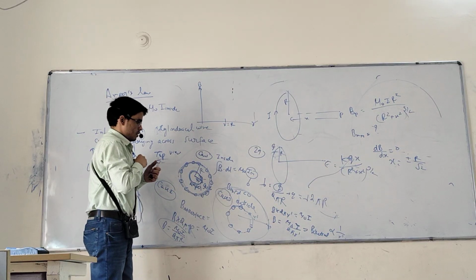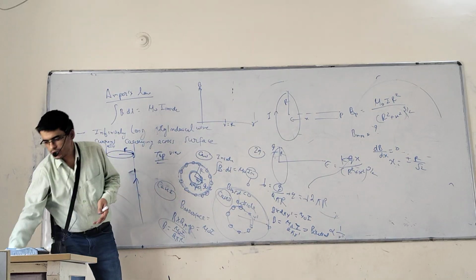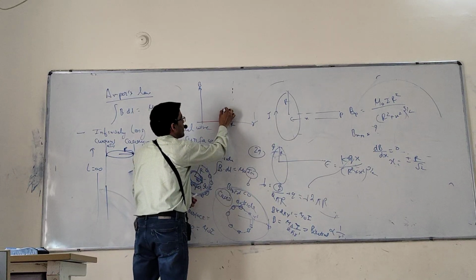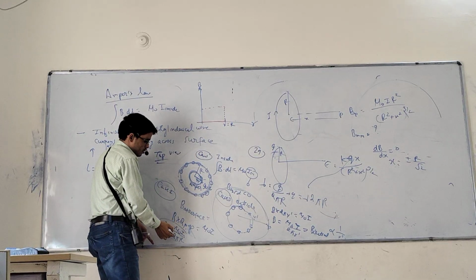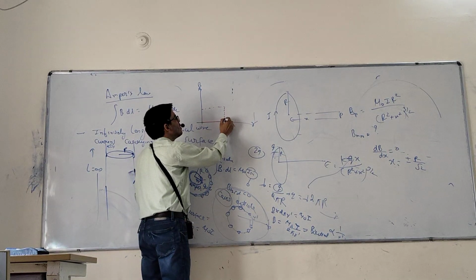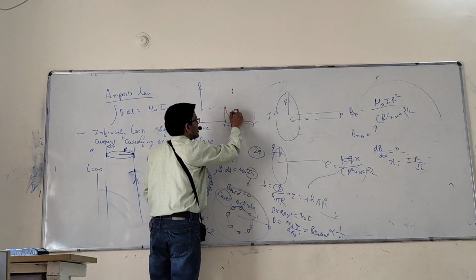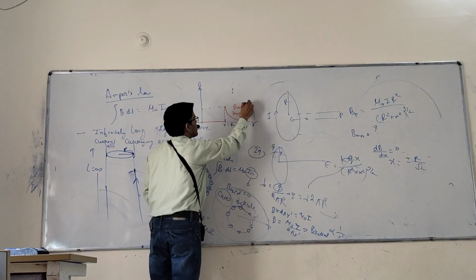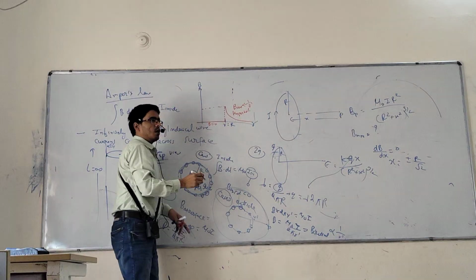Inside it is 0. At the surface it equals the constant value. Then it decreases: the curve is a hyperbola, a rectangular hyperbola. So that is B outside, inversely proportional to distance. And inside B equals 0. Got the point? You will get one graph.